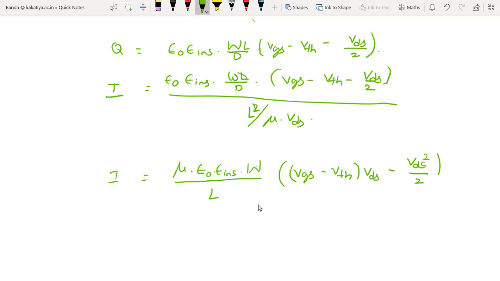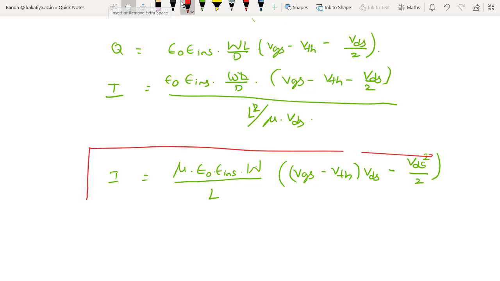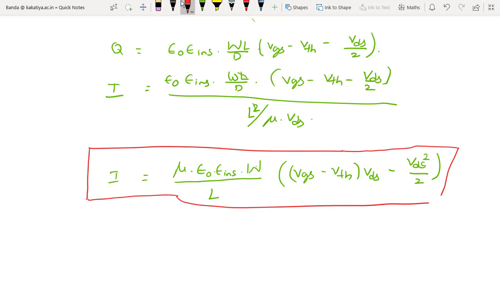So this is the expression for the current, the current expression of the MOSFET system. This is the IDS. Okay.